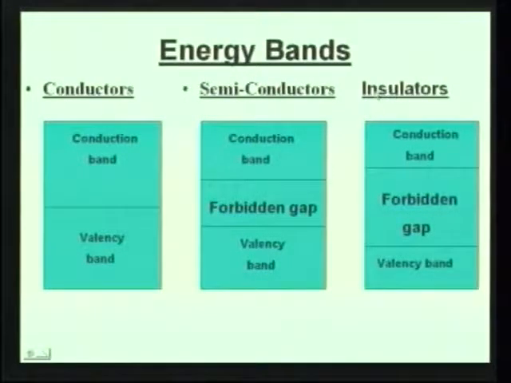But in case of insulators which have almost filled outermost orbits, for the electrons to jump from valency band to conduction band, the energy to be supplied is much higher. Hence we see here the forbidden gap is more in case of insulators as compared to semiconductors. Of course, in case of conductors, both the conduction band and the valency band overlap.